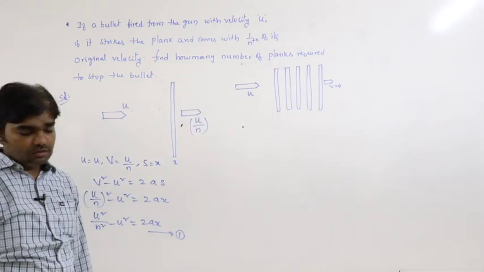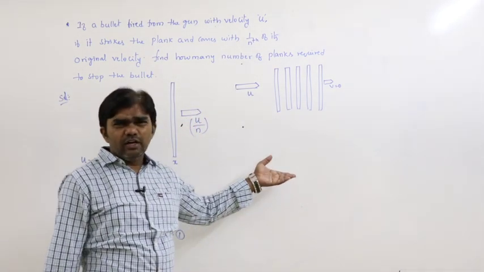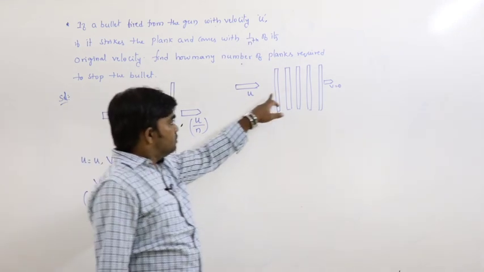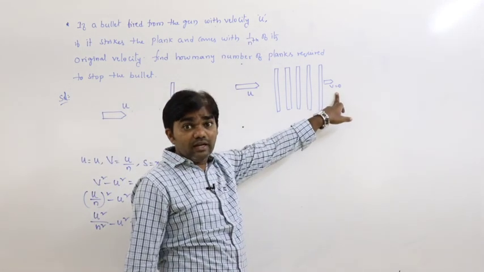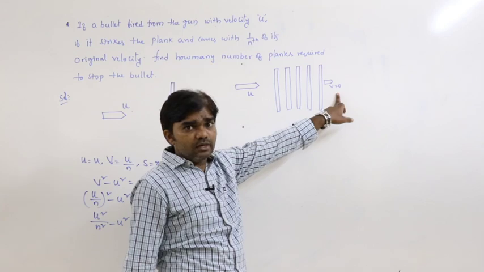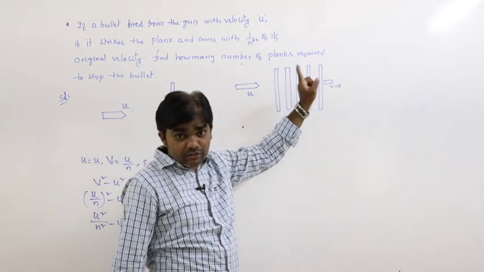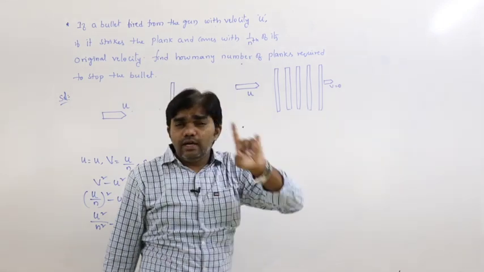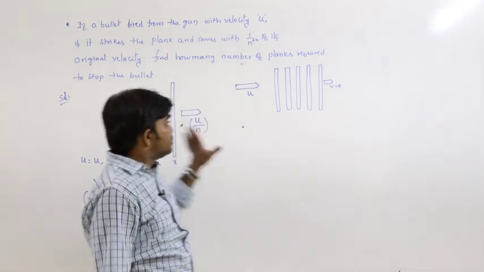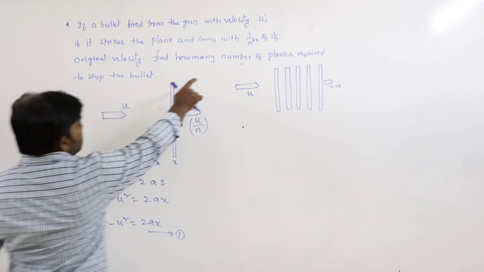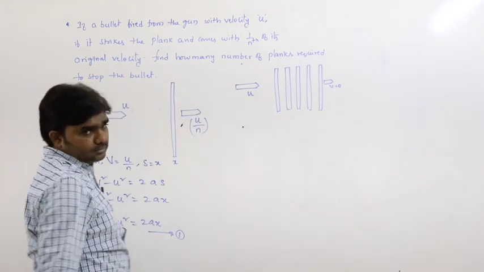We don't know how many planks. So v is 0. Finally, the bullet must come to rest after striking the last plank. How many planks are required to stop the bullet?